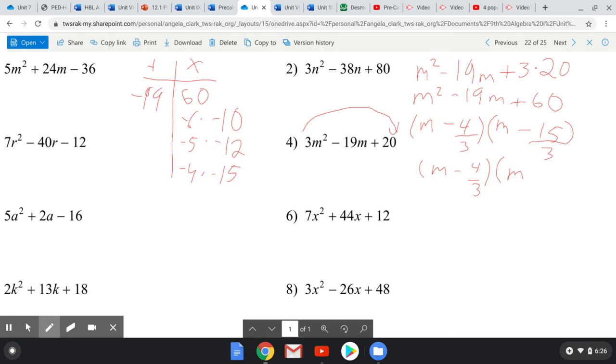And then m minus 15 divided by 3, though, is 5. So that does reduce. And in this method, one or both will always reduce. I'll talk about why that is in a second.